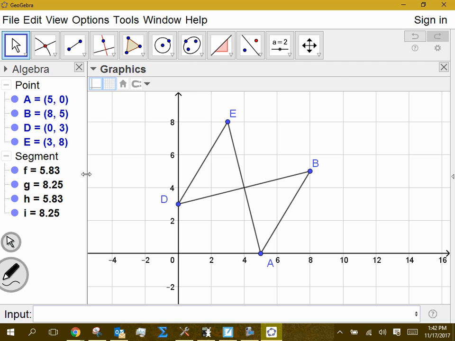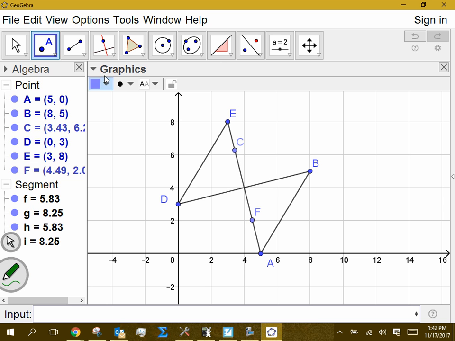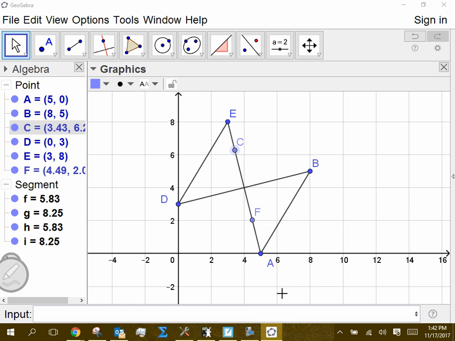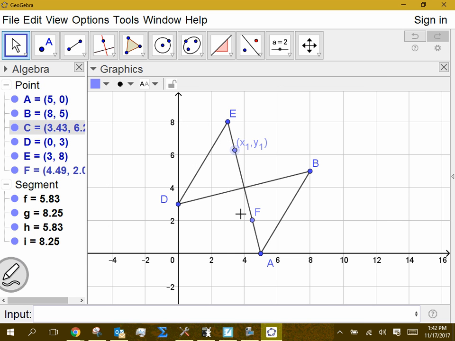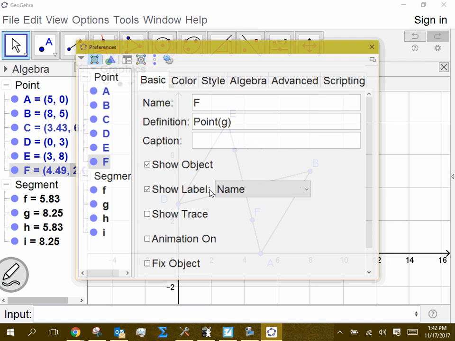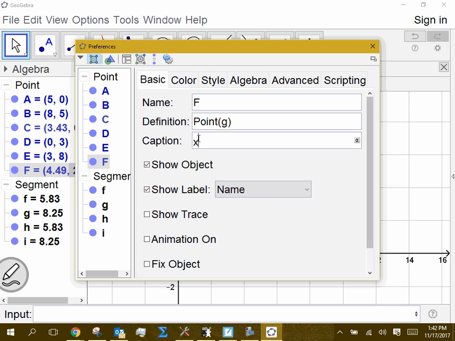So what I'm going to do here real quick, just to prove a point to you, if I choose, let's say, that point there and that point there, I'm just going to call this one X1, Y1, and we'll call this one here X2, Y2.